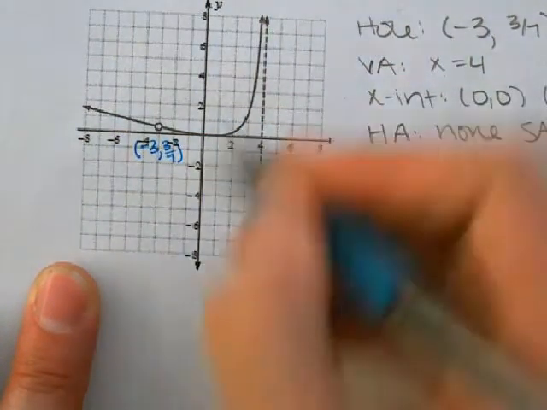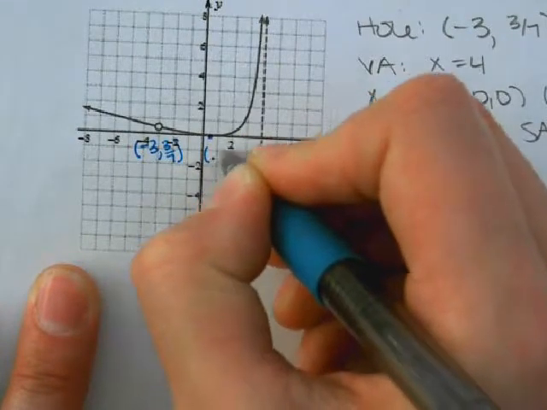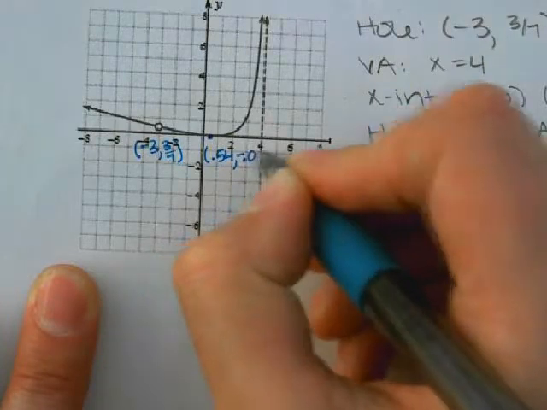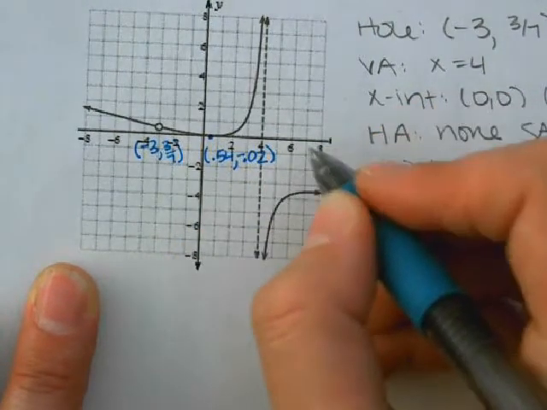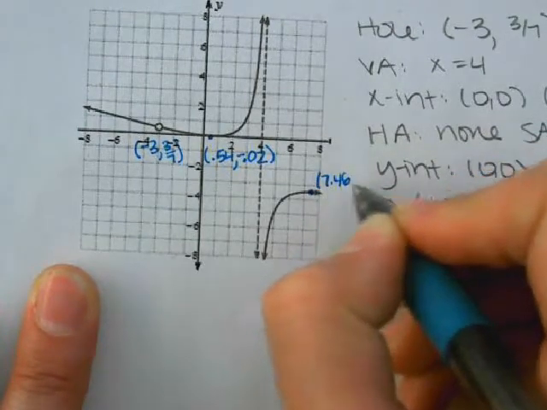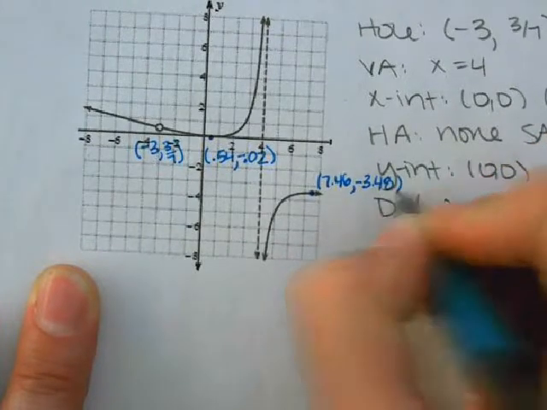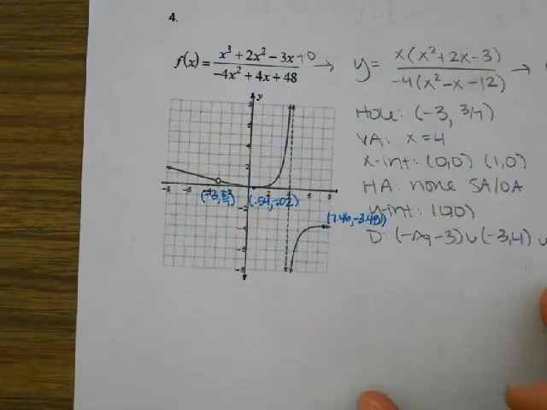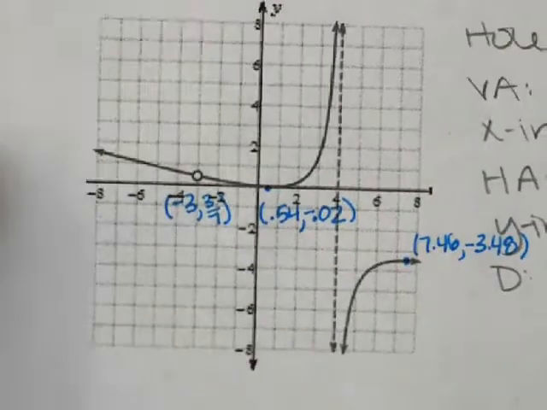We've got a minimum at 0.54, -0.02. We've got a maximum.